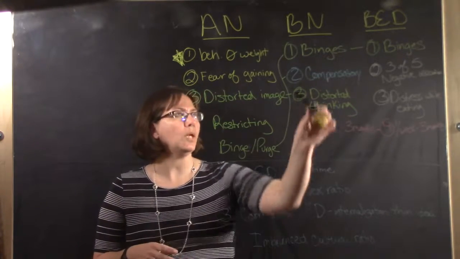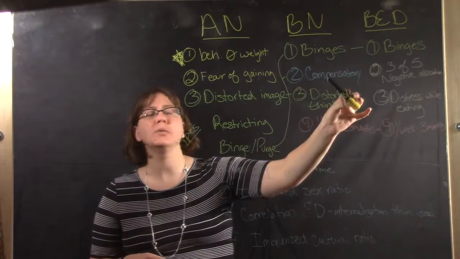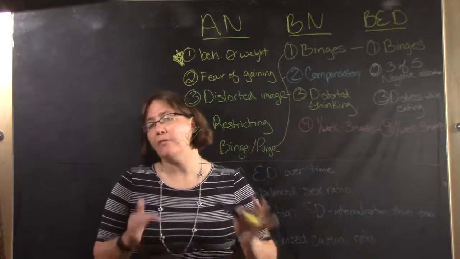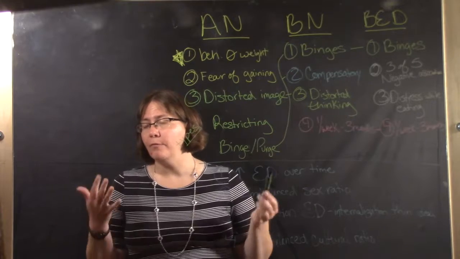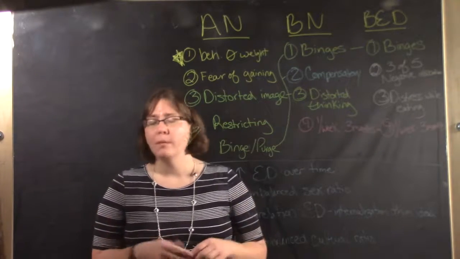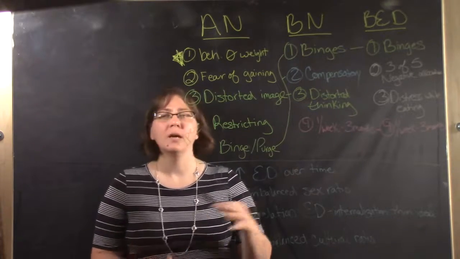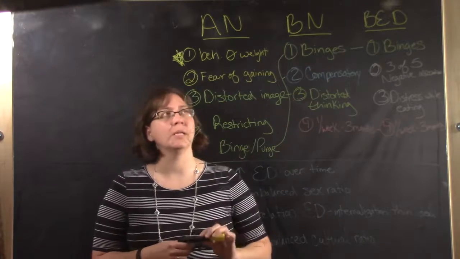But the cycle is a big part here. We've got a binge, but then we've also got compensatory behaviors, so they're getting rid of those calories after they have binged. This is often through vomiting, but it can also be through laxatives or excessive exercise. There are different ways of purging, but we certainly see this cycle with bulimia nervosa.